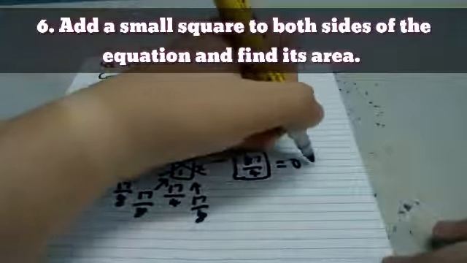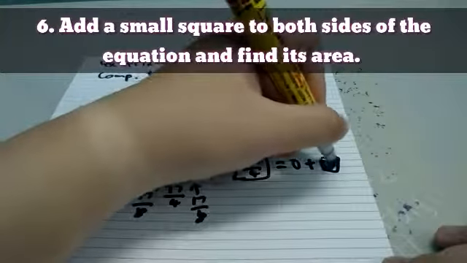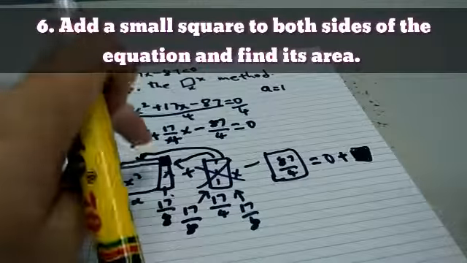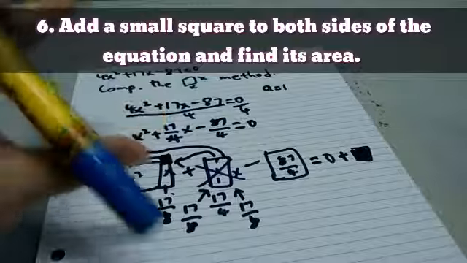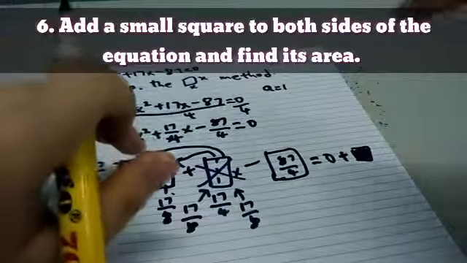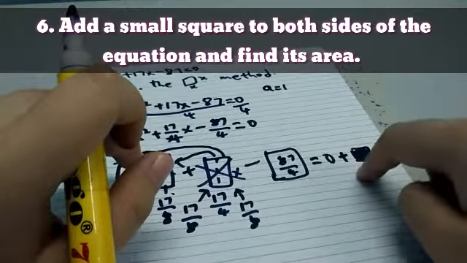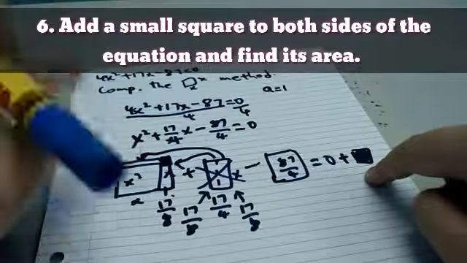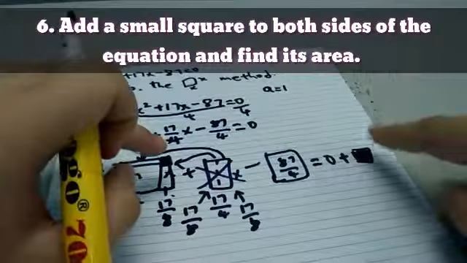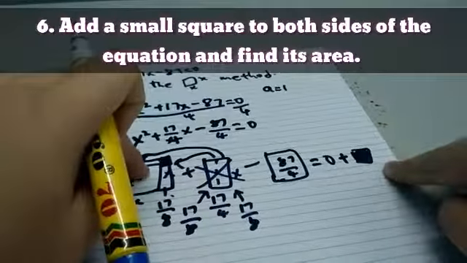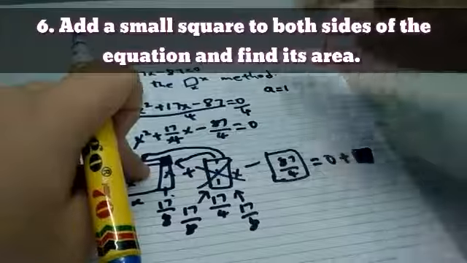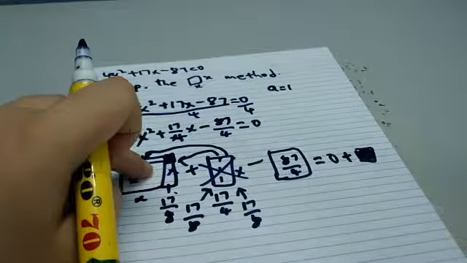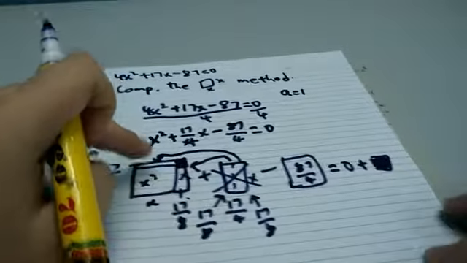And then don't forget we also need to add this small square right here, because if we add something to one side of the equation, we need to also add the same thing to the other side, because if you just put it on one side, the value of this whole equation will not be the same as you evaluated.